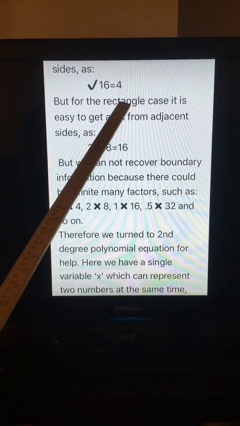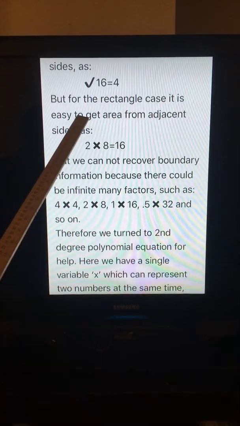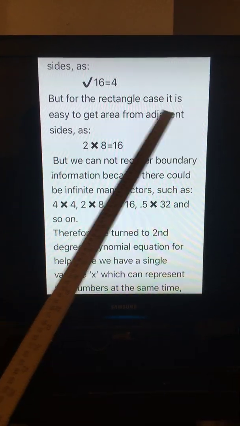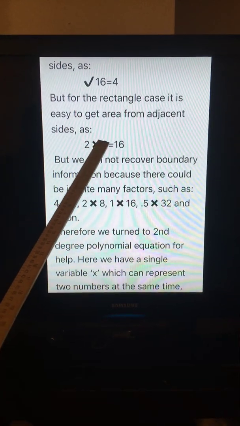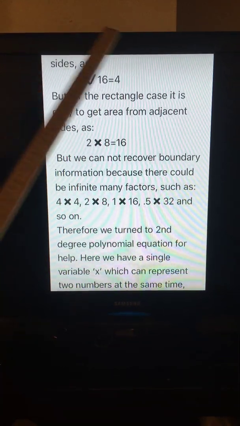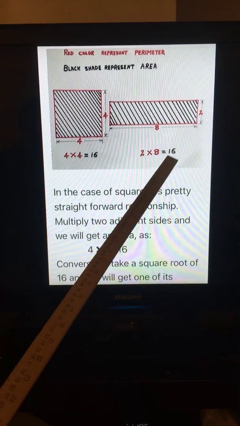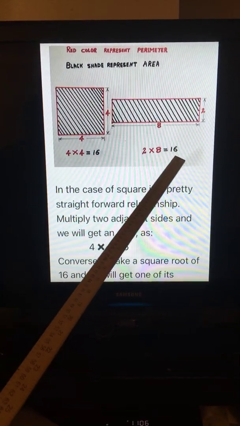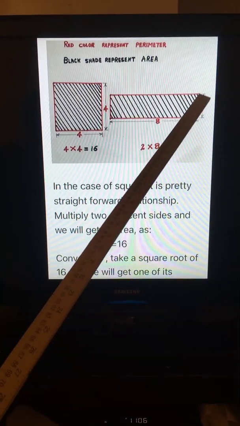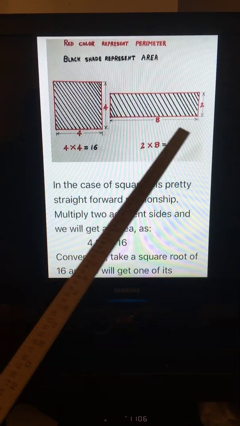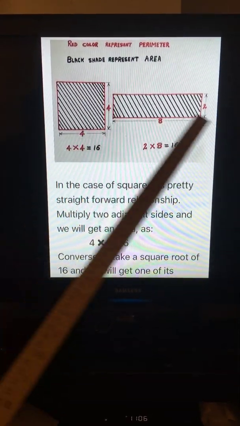But for a rectangle, it is easy to get the area from adjacent sides, like 2 times 8 is 16, but recovery from area towards its perimeter is almost impossible.